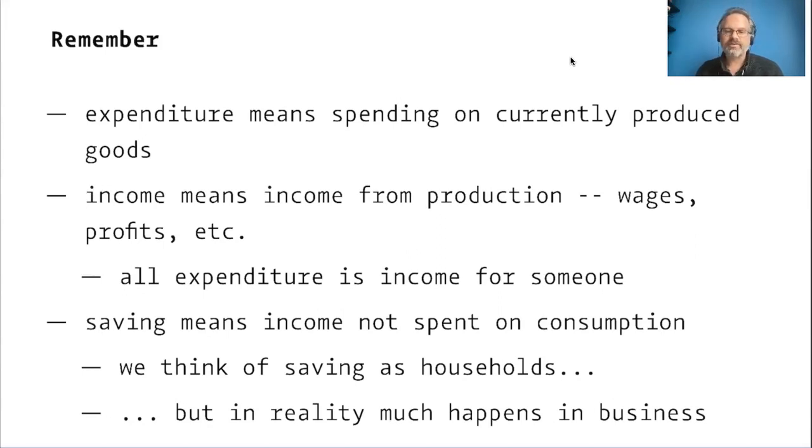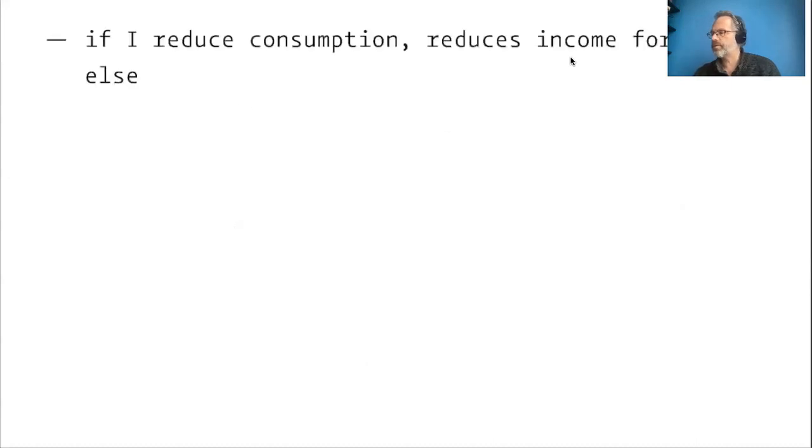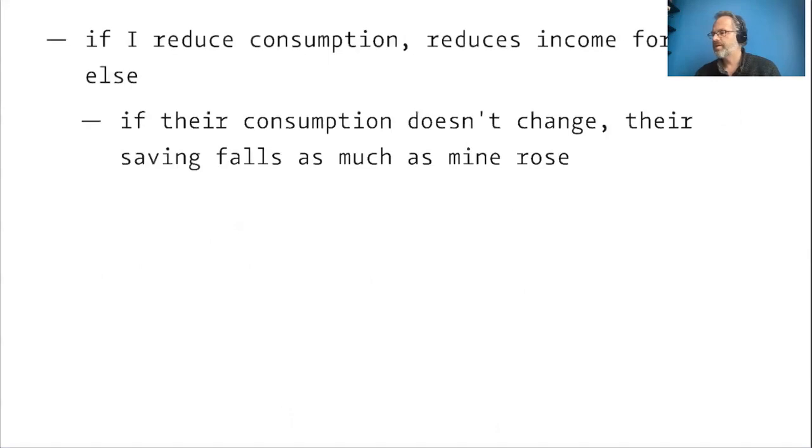All right, so we've got our saving, we've got our income, which is income from production, and expenditure on currently produced goods. Now if you reduce your consumption, again, all expenditure is income for somebody. If you reduce your consumption spending, you're reducing somebody else's income, if their consumption doesn't change.